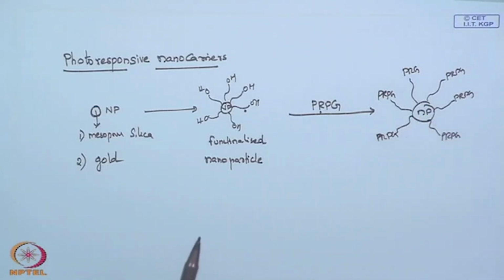There are several advantages when your delivery system becomes nano: its half-life is increased, its toxicity becomes less, and its permeability into the cell becomes more. So you have a number of advantages.